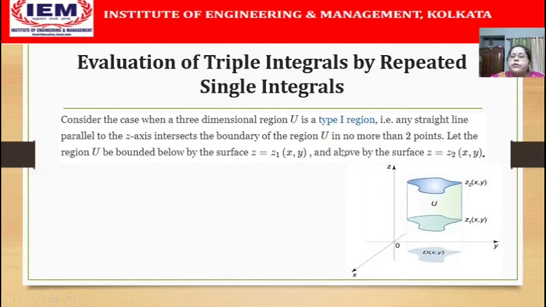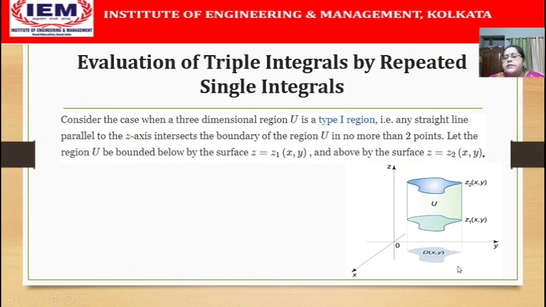So the type 1 region is classified like this, where the region U is bounded below by the surface z1(x,y) and at the top by the surface z2(x,y). So the region is such that any straight line parallel to the z-axis intersects the boundary of the region U in no more than 2 points.